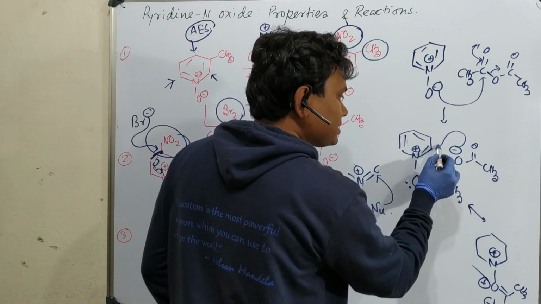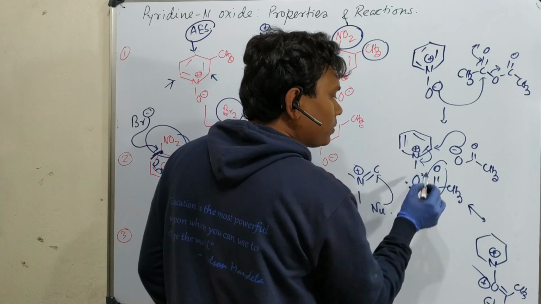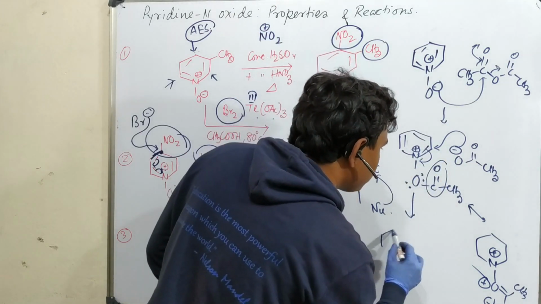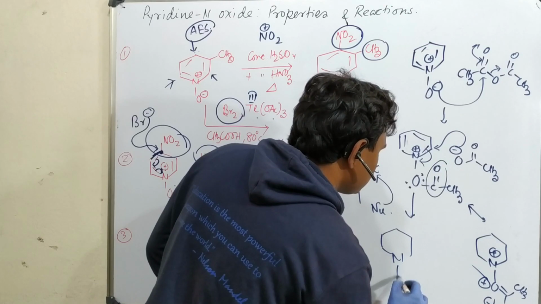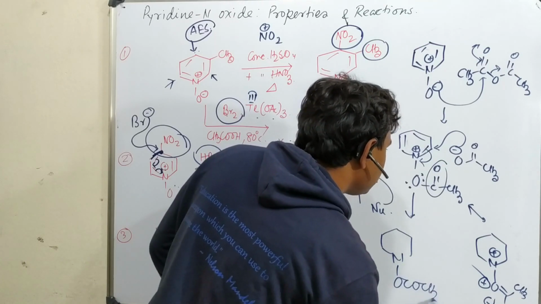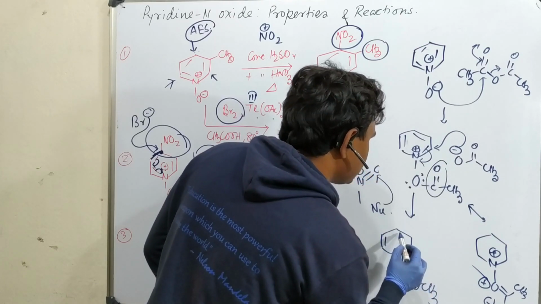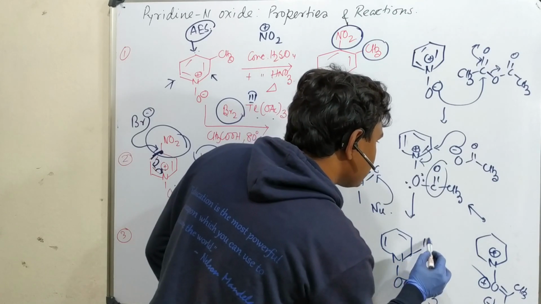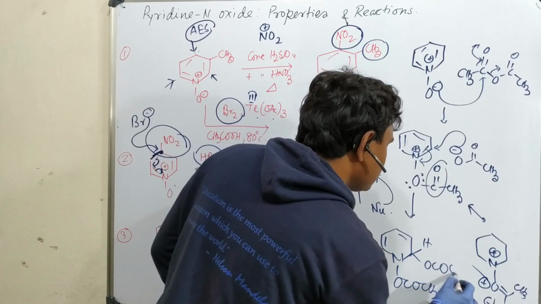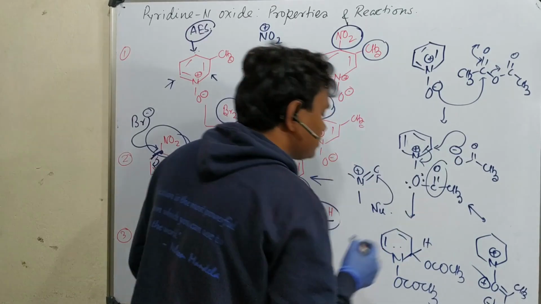That's why it will act as a nucleophile and attack, it will open up. So ultimately, what will be the product? This is the OCOCH3. The plus charge is neutralized, so this is the hydrogen, and this is OCOCH3. Fine.